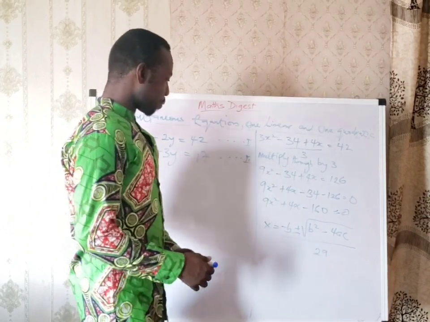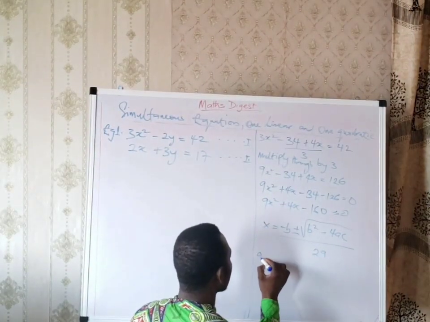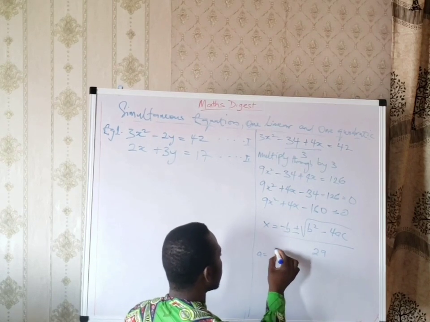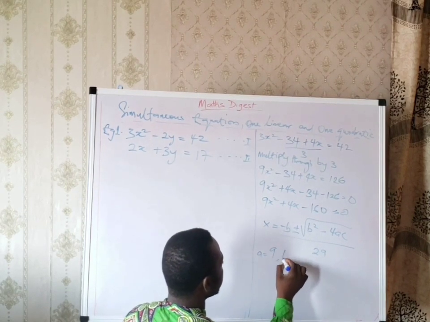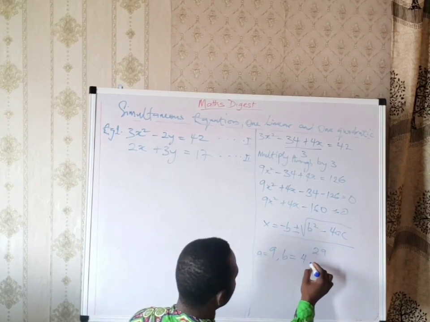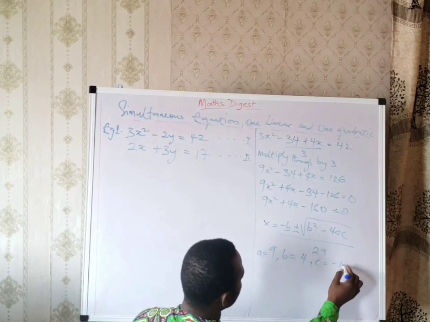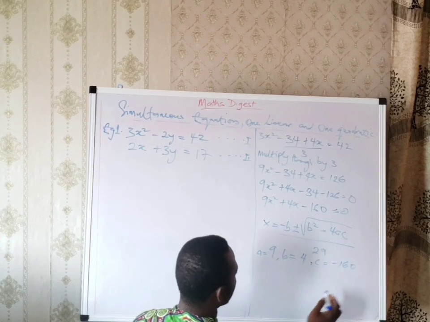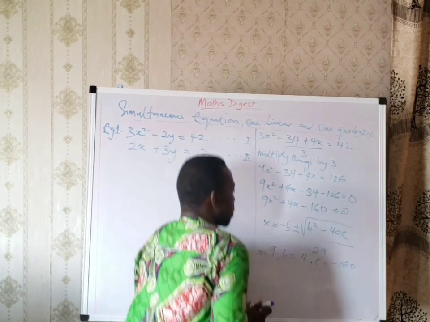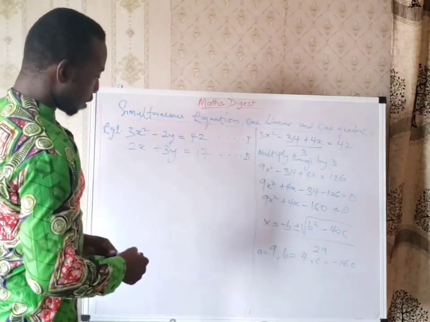Okay, looking at this now, we can say that a is equal to 9, b is equal to 4, and c is equal to minus 160, okay? Now, let's represent it in this quadratic formula as we have it here.